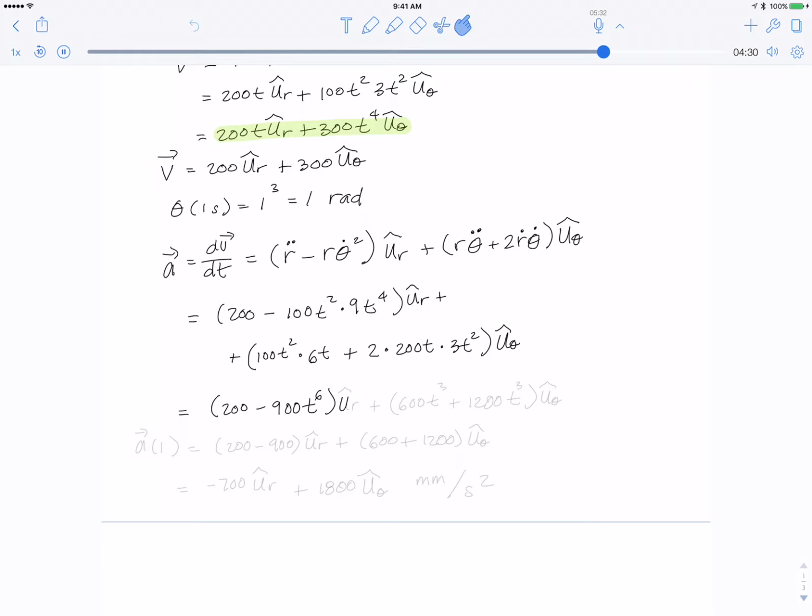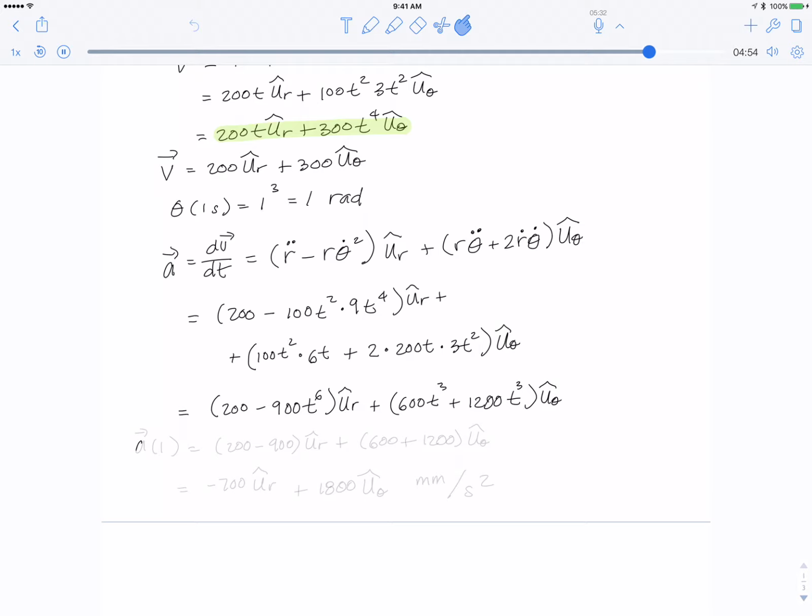So I'm really glad we're going to do this at t equals 1 second, plus 600t cubed, plus 2 times 200 times 3, 1200t cubed as well.